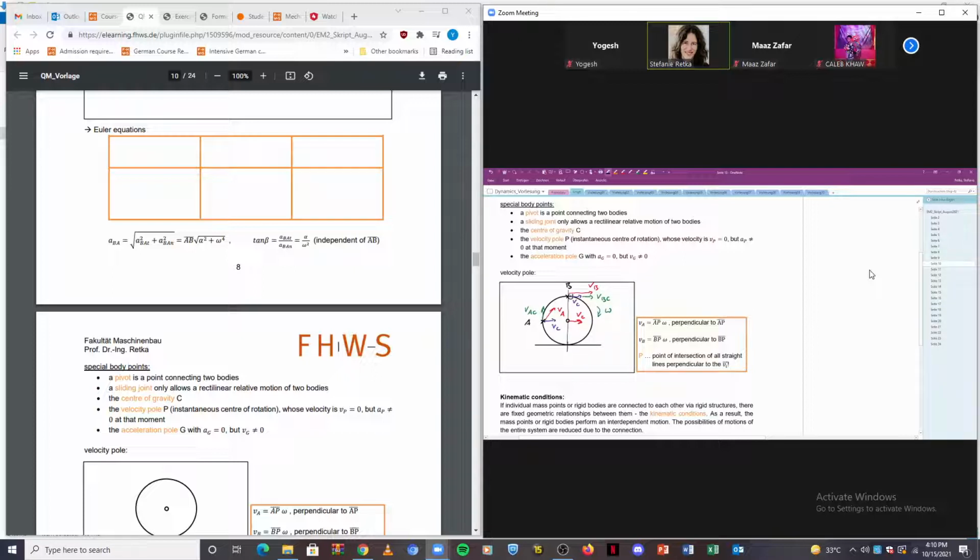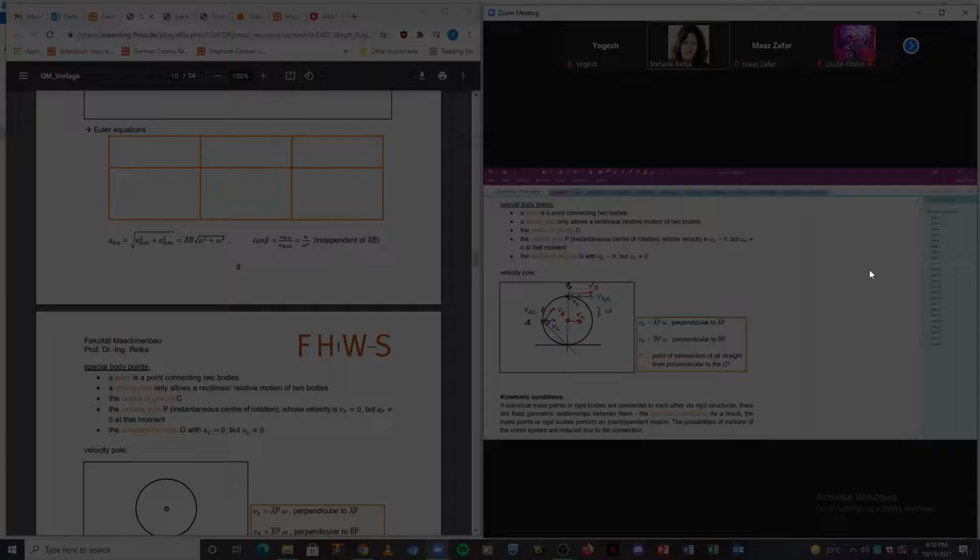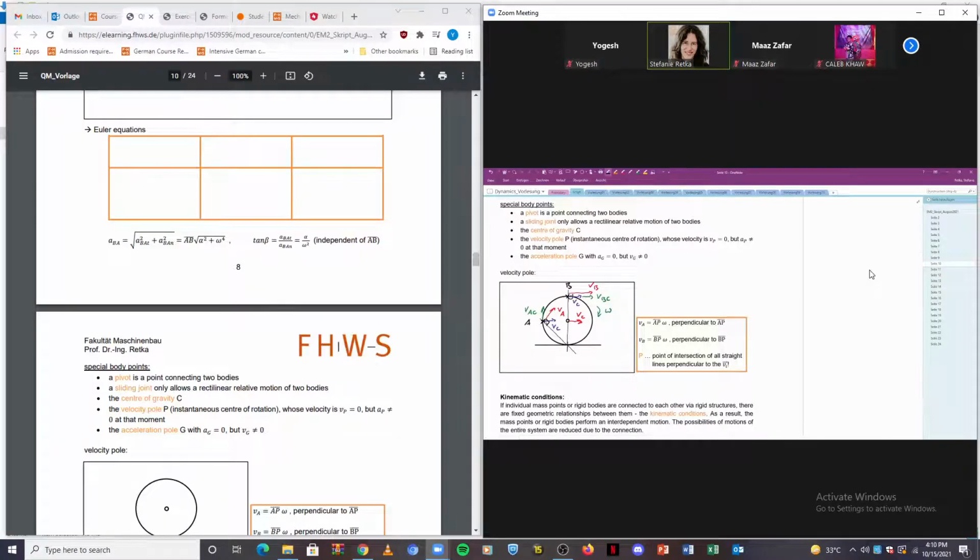Here. And here. And where these lines intersect, we find the velocity pole. So this is our velocity pole.